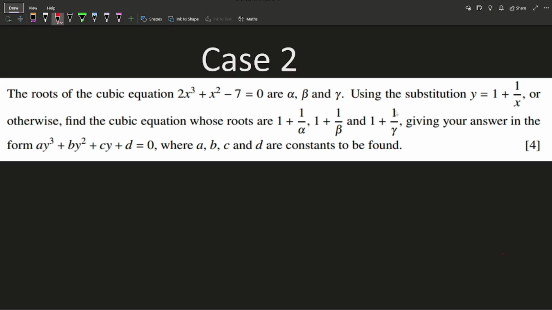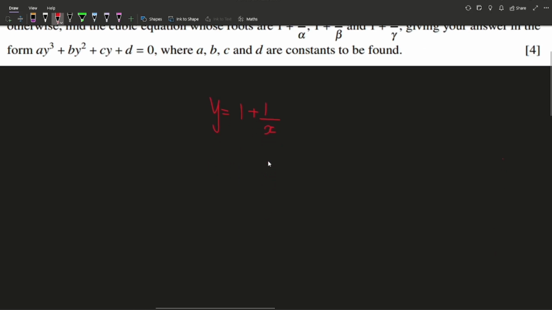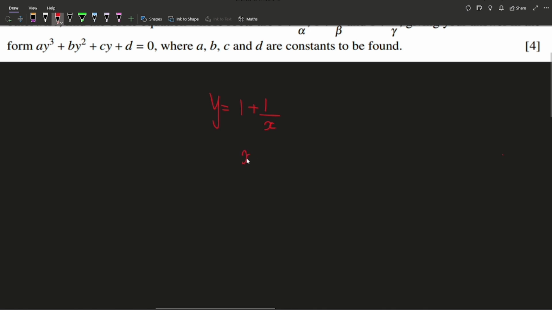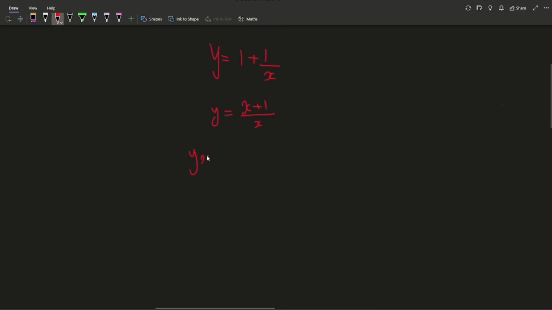Okay, so the substitution in this case is already given. We could have done that ourselves as well, but since it's already given, we can just make x the subject. So y equals 1 plus 1 over x. Let's make x the subject. This will be x plus 1 divided by x, I took LCM, which equals y. Y and x get multiplied, so yx equals x plus 1.